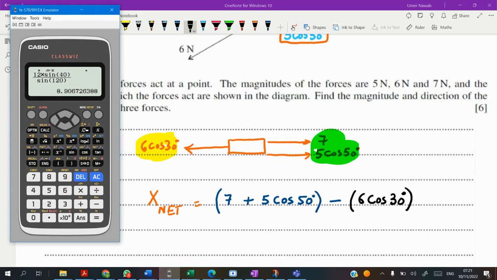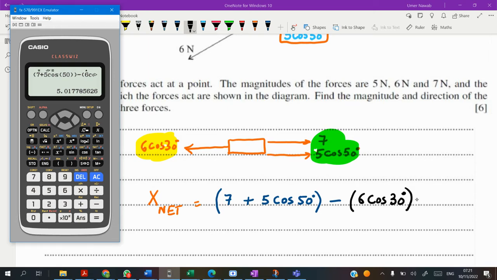Let's use the calculator. 7 plus 5 cosine of 50, close the bracket, again close the bracket, minus bracket open, 6 cosine 30, close the bracket, again close the bracket, and get your answer.